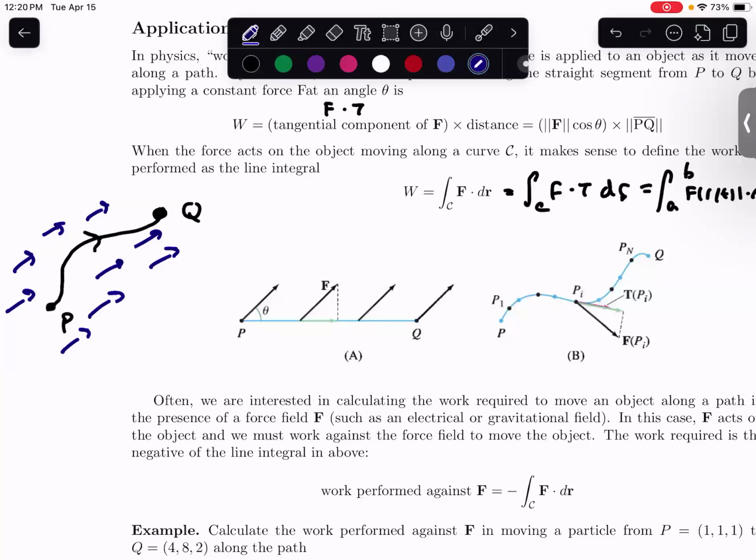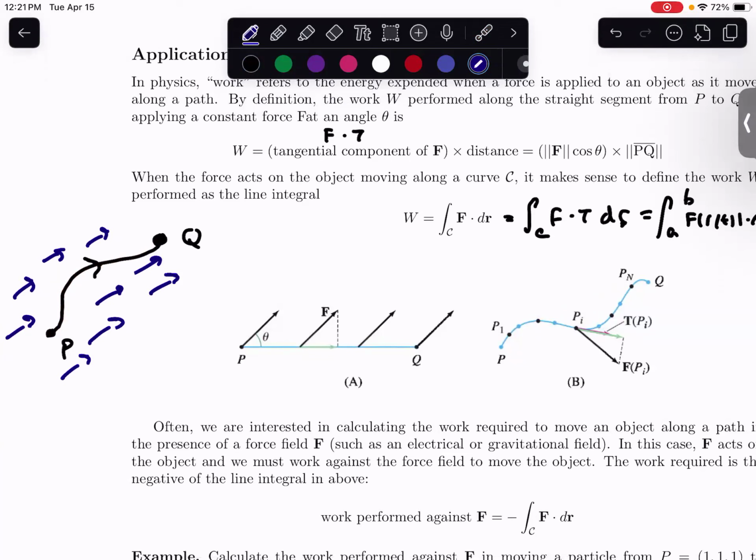If the orientation of your curve flows along with the vector field, the work is going to end up being positive, which means that this vector line integral of F over C dr is going to be greater than 0.